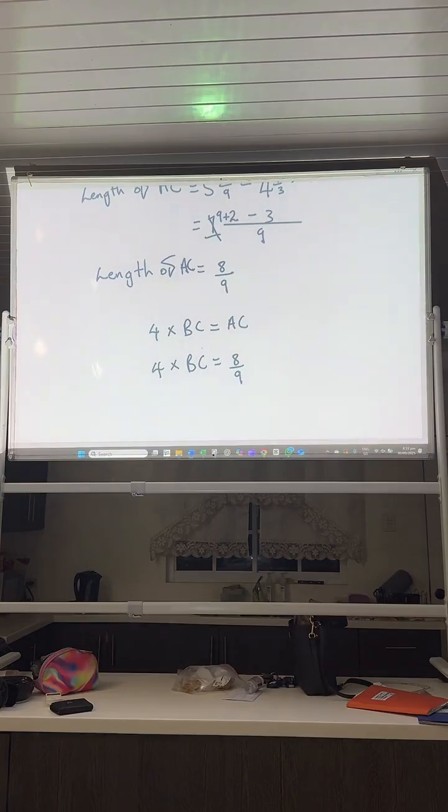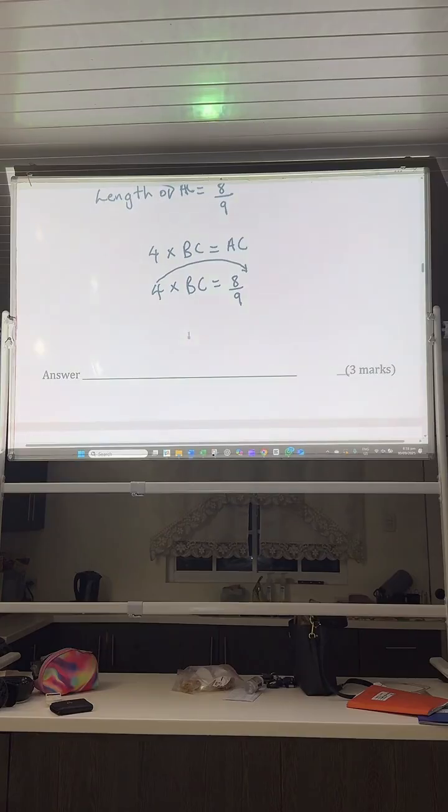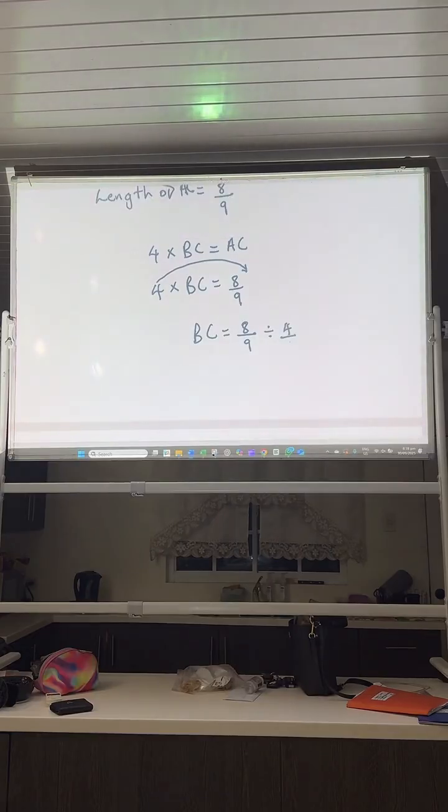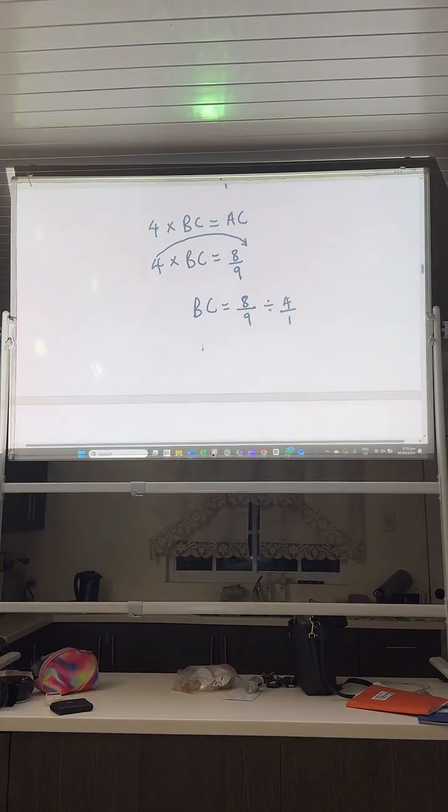Then we need to do the opposite of multiply on this side. What's the opposite of multiply? Divide. Because you want to find the distance from B to C. So BC would be equal to 8 over 9 divided by 4, but this is actually going to be divided by 4 over 1. If I divide by 4 over 1, what would I be multiplying by? You have to invert and multiply.